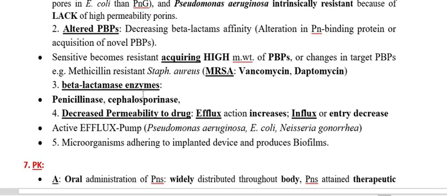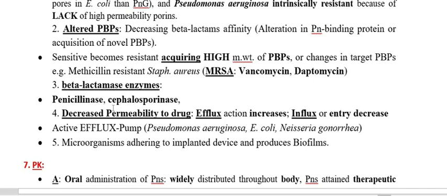That means resistant bacteria produce penicillinase and cephalosporinase, which act on the beta-lactam ring. And if there is no beta-lactam ring, there is no antibacterial activity.